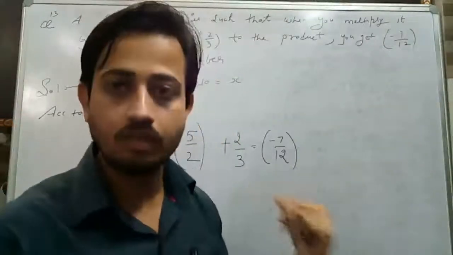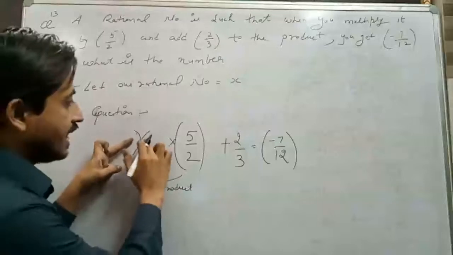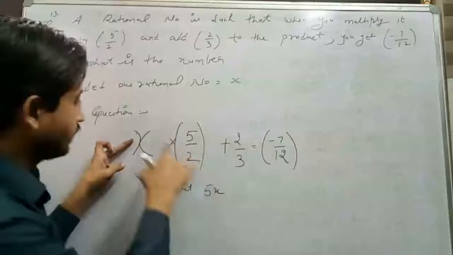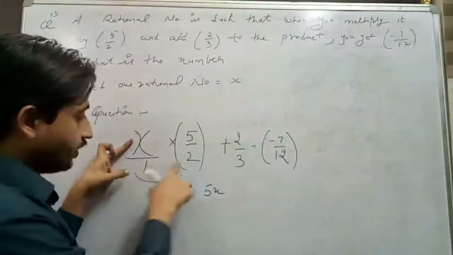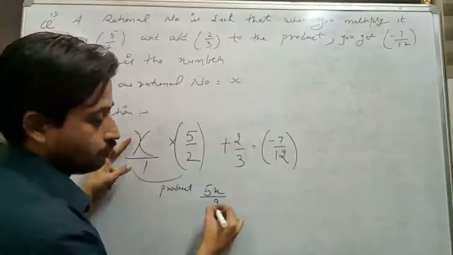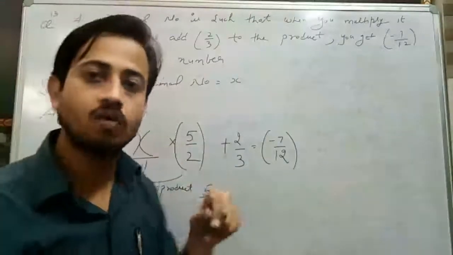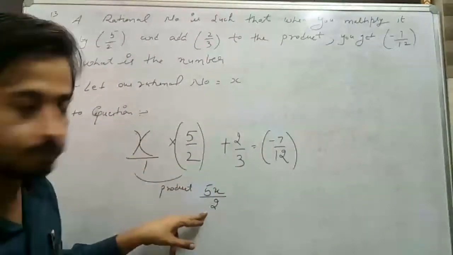We have to find out the value of x. So firstly we have to multiply this. This is x. x into 5, 5x, because we can write x divided by 1. 1 into 2, 2, because the upper part is multiplied with the upper part and the lower part with the lower part. So 5 into x, 5x, and 2 into 1, 2.